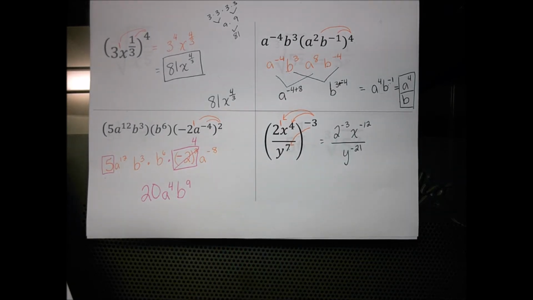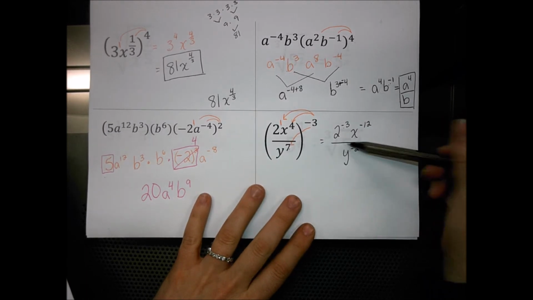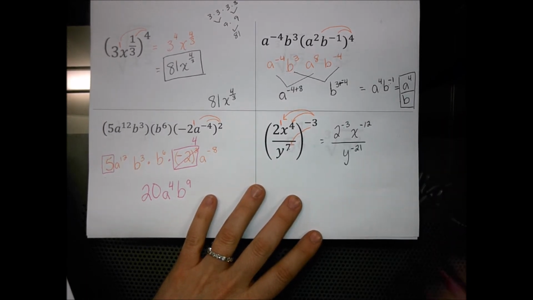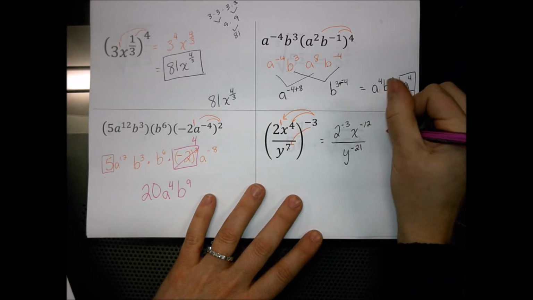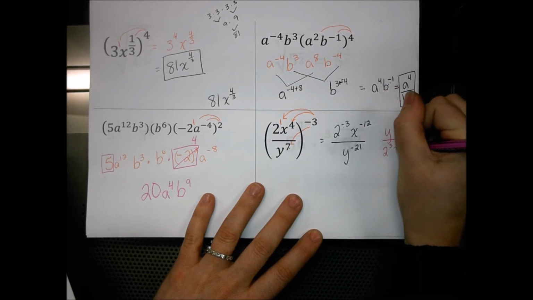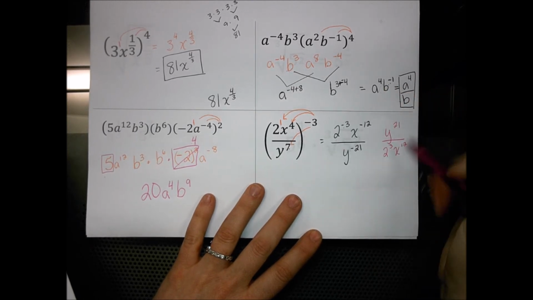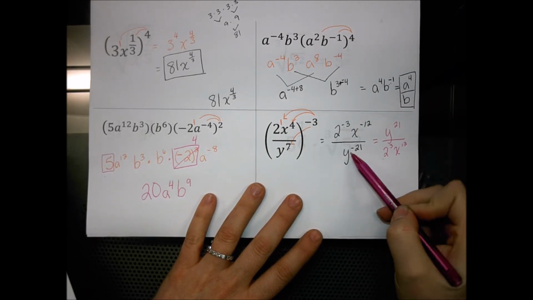What should I deal with next? The negative exponents. So if I have any negative exponents, they need to move across the fraction line. Can we just go y to the 21st over 2 to the 3rd x to the 12th? Yes. All of them have to move because right now they're all negative.